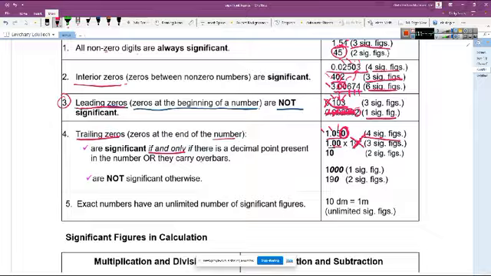But what do we say? If we have a decimal point, then zeros at the end of the number will be counted as significant figures. Since we have a decimal point here, we will count these 2 trailing zeros as significant. This is already a significant figure, and in addition to that we will count these 2 zeros. So altogether we have 3 significant figures.